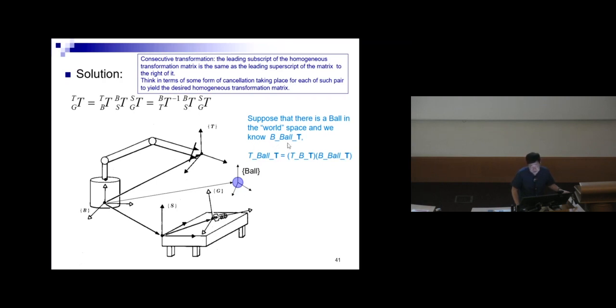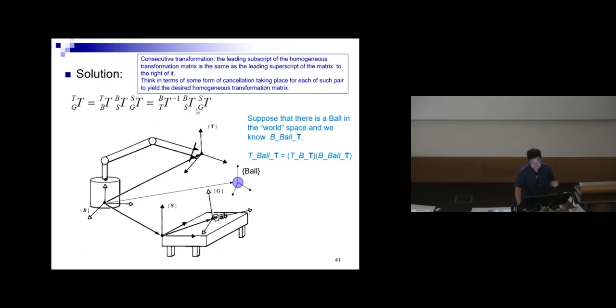So you know the B ball T. So the B ball T will be essentially equal to the TBT, the B ball T. Basically, if you want to determine any, you can use these consecutive transformations to form the necessary matrix, and then from there determine the reference coordinates.